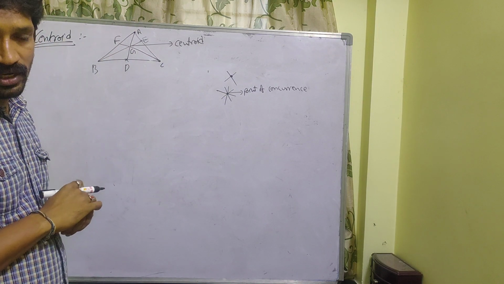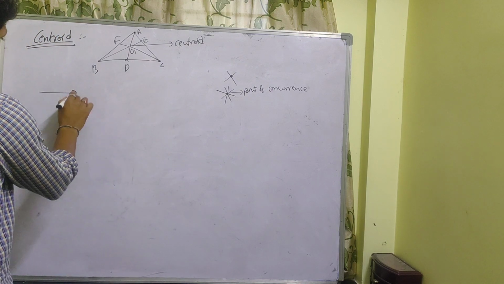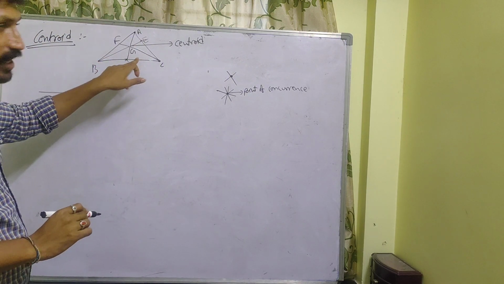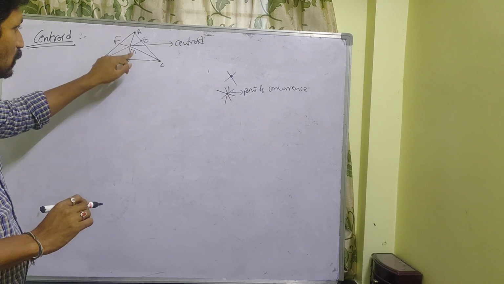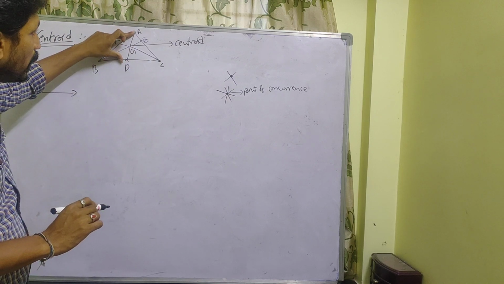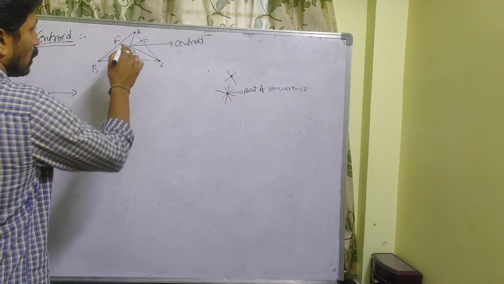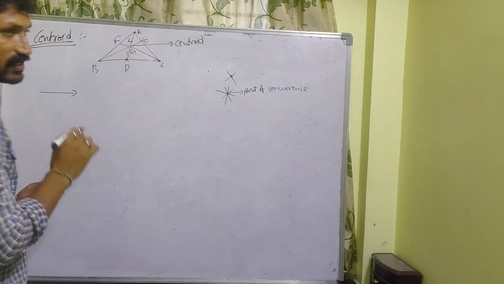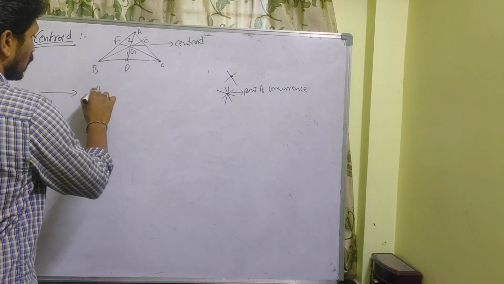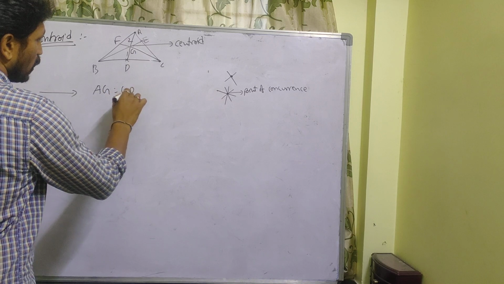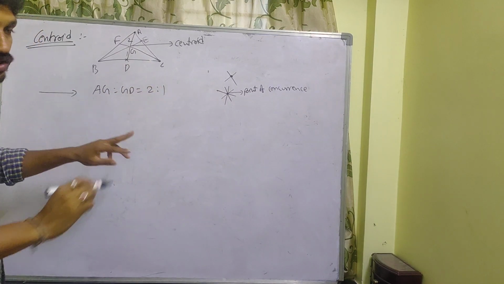And I will give you one more thing here. In a triangle, based on the centroid, each median is divided into two parts, in the ratio 2:1 from the vertex side. That means AG is to GD is equal to 2:1, not 1:2.